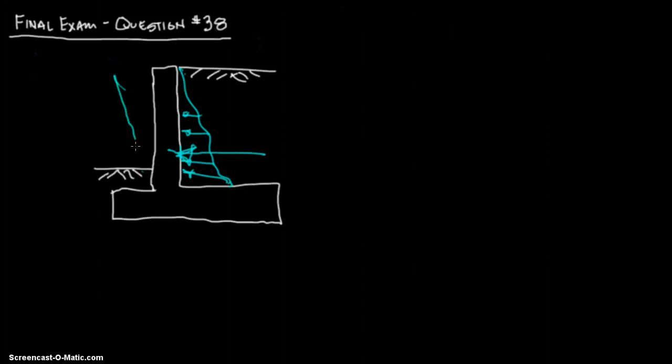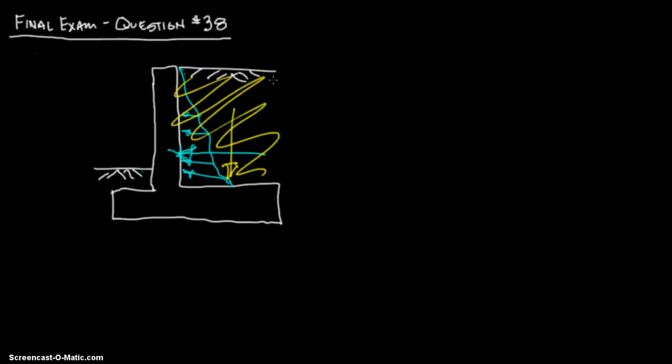It's rotating. That means the whole thing rotates and it tips and it falls like that, and that's another failure. That's called overturning, and that's what we're looking for right now. So you have that active pressure pushing out, and then you also have this soil. The weight is on top of here.